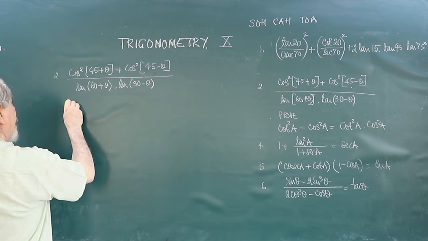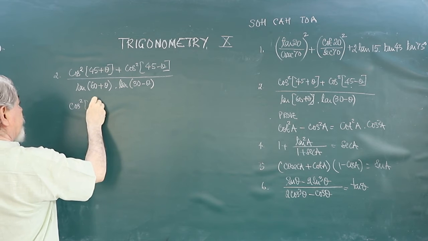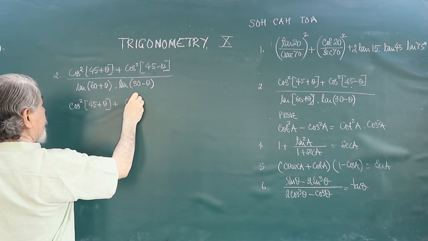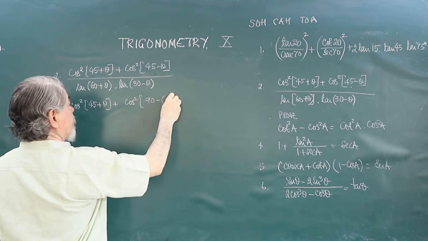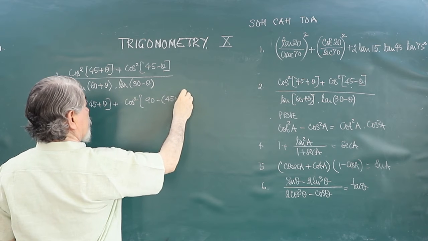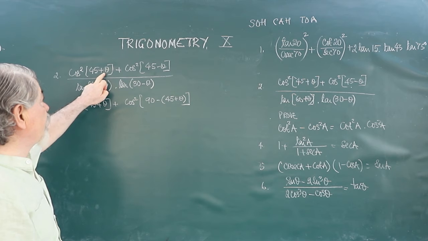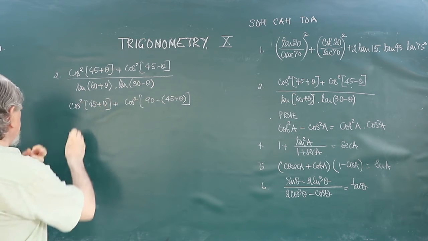So I will write this as cos square 45 plus theta plus cos square 90 minus 45 plus theta. Because if from 90 you subtract 45 plus theta, you will get this angle, because they are complementary of each other.